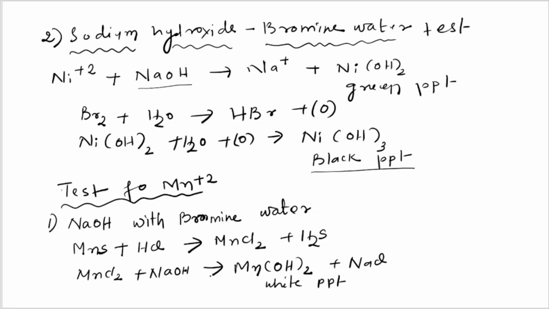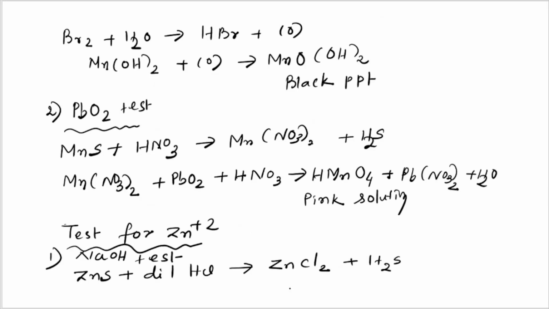Then test for manganese, NaOH, and with bromine water, lastly you get a black precipitate. With the help of hydrolysis with water and bromine, it gives a black precipitate, MnO(OH)2. Remember the color here.